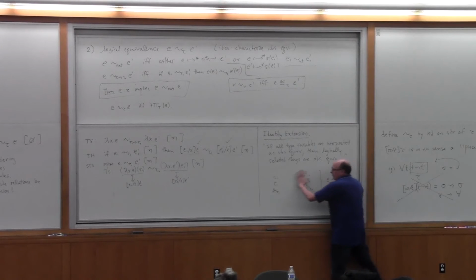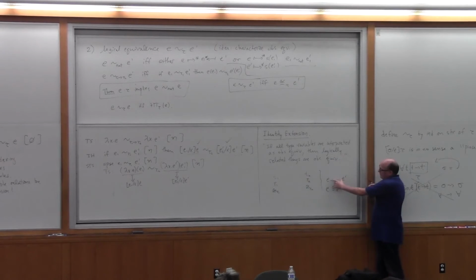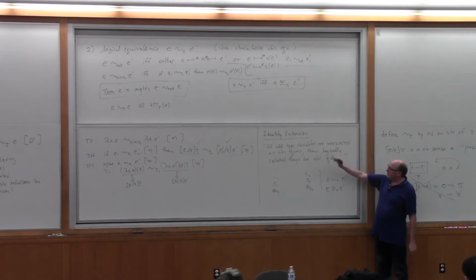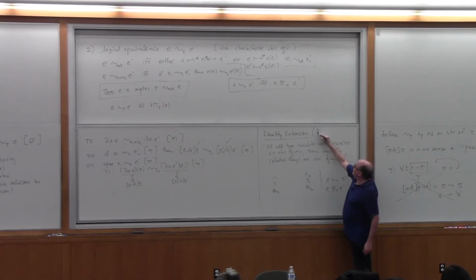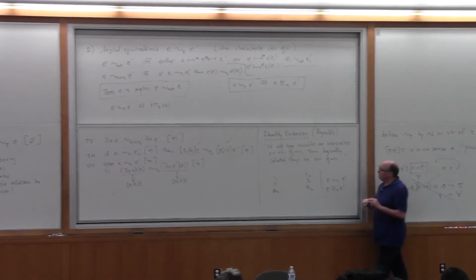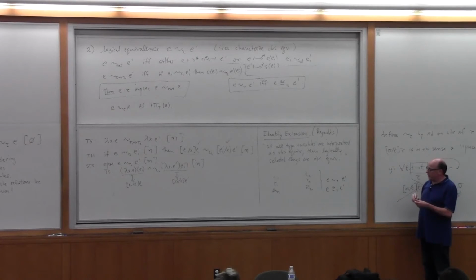And in particular, if n is 0, then logically related things will be observationally equivalent. So it preserves the identity relation. That's called the identity extension lemma, and that's something that Reynolds formulated. Okay? Good. So that's a very important thing.